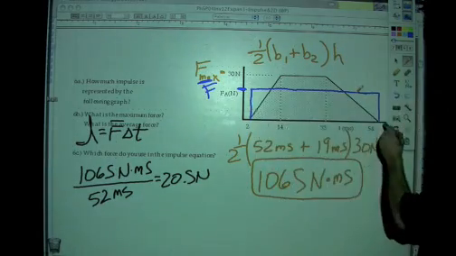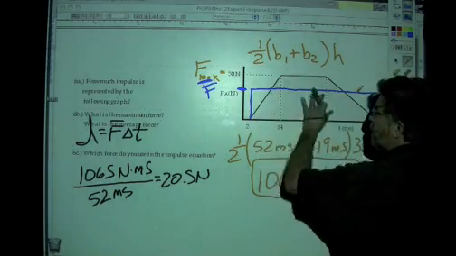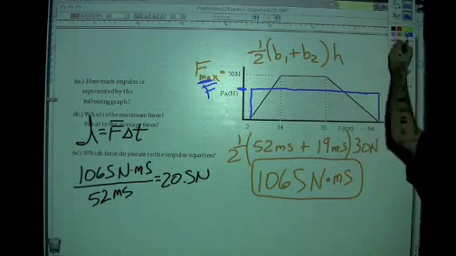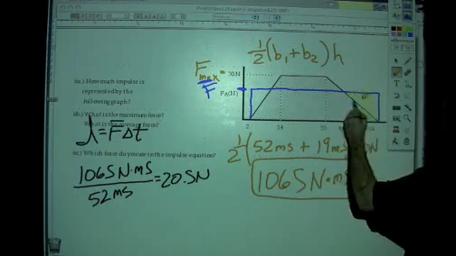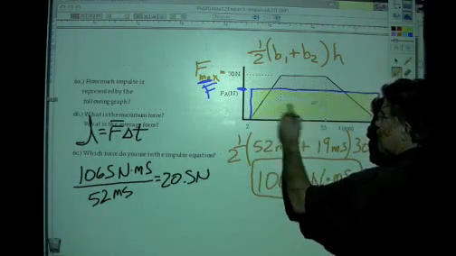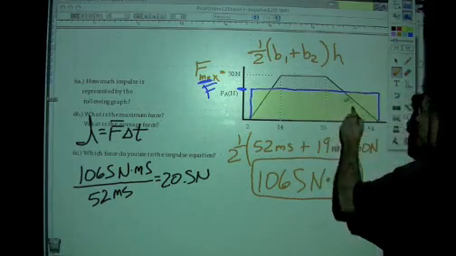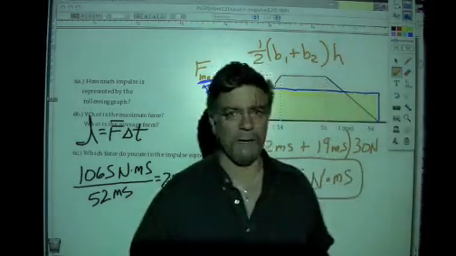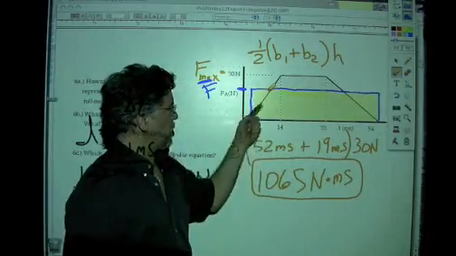So really, the area represented by the trapezoid, compared to the area underneath this blue box, is the same area. It's just that the trapezoid is a lot better descriptor of what happened. This is a blunt instrument.